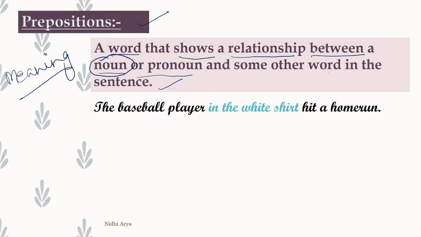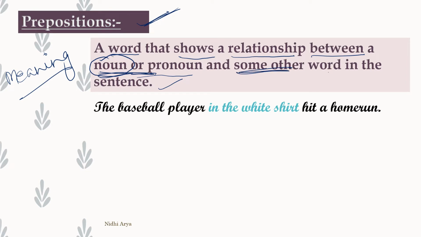Nouns are the naming words, the name of any person, place, animal or thing. And pronouns are the words that are used in place of nouns. So prepositions show that something is related to a noun or pronoun and some other word in the sentence.